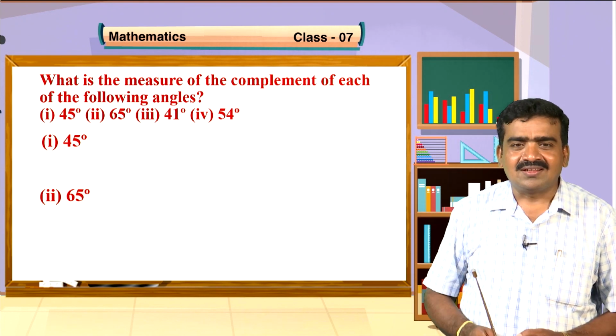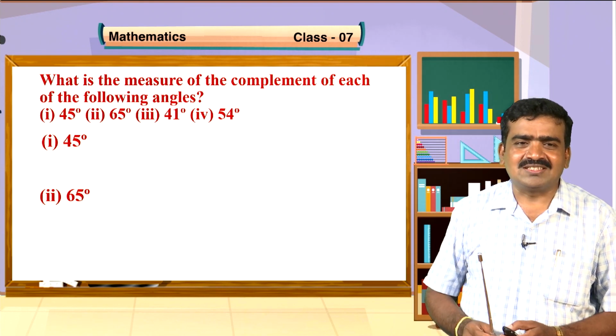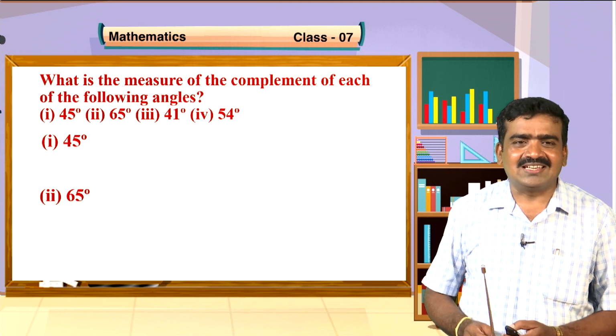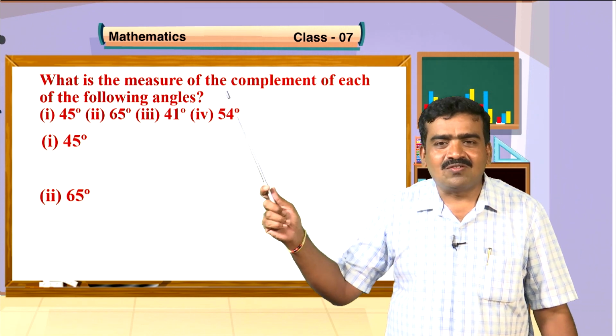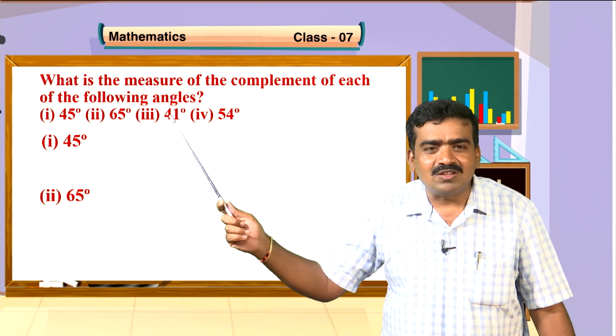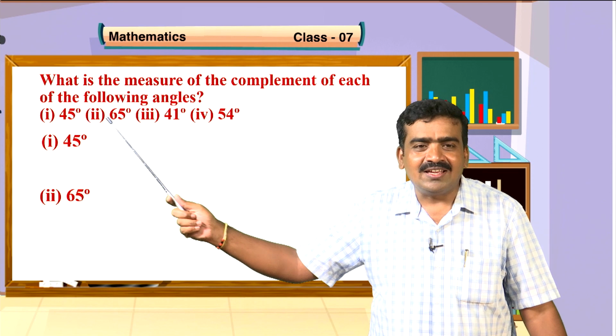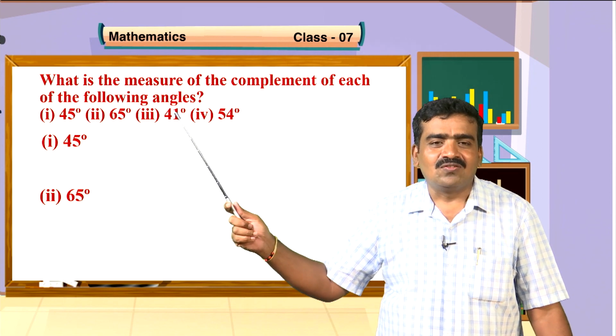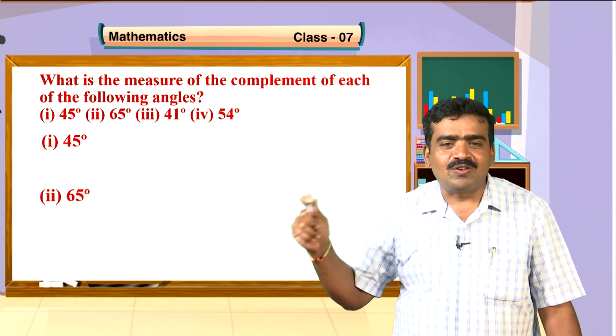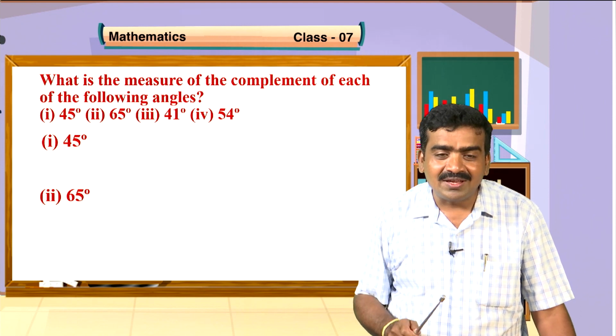My dear student, you have another wonderful question. The question is like this: what is the measure of the complement of each of the following angles? The angles given are 45 degrees, 65 degrees, 41 degrees and 54 degrees. What do we have to do here?